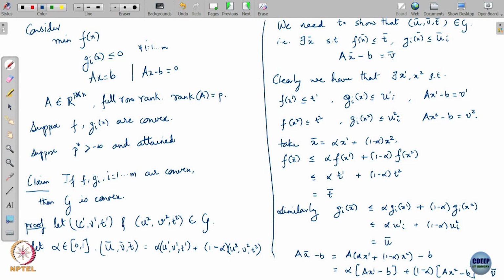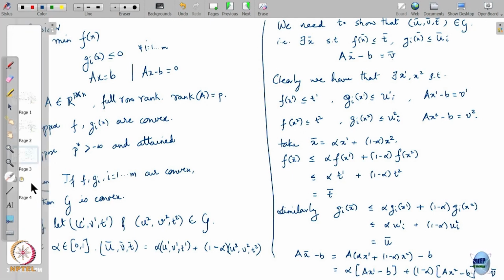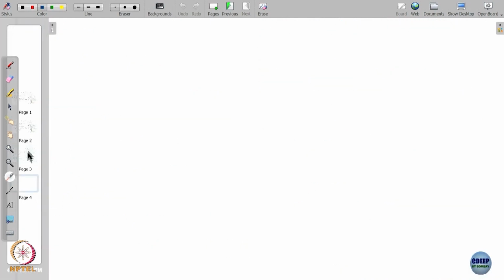Okay. So, in other words, we needed to show that there exists such an x bar that satisfies all of these, and we were able to show that by taking x bar to be alpha x1 plus 1 minus alpha x2, where x1 and x2 are the points because of which (u1, v1, t1) and (u2, v2, t2) are in G. So what have we shown by doing this?